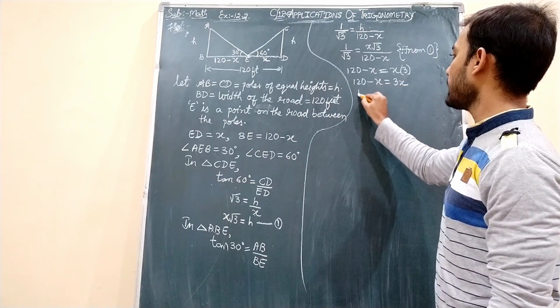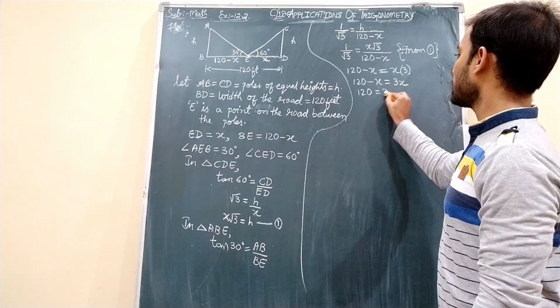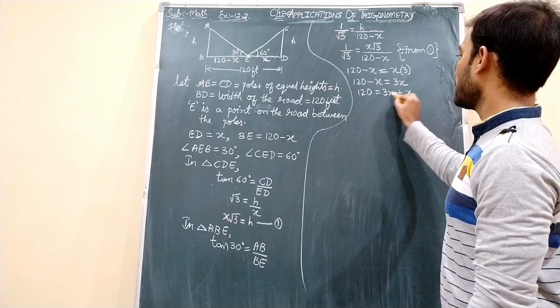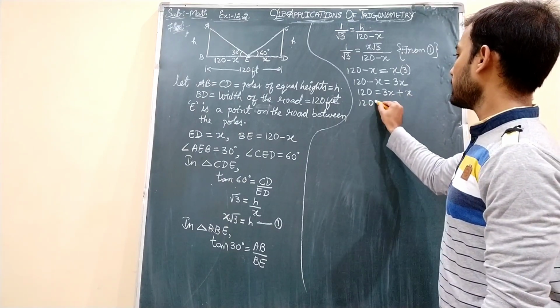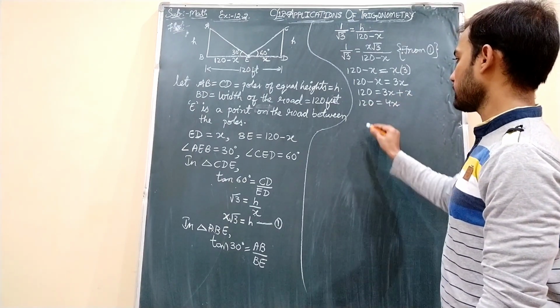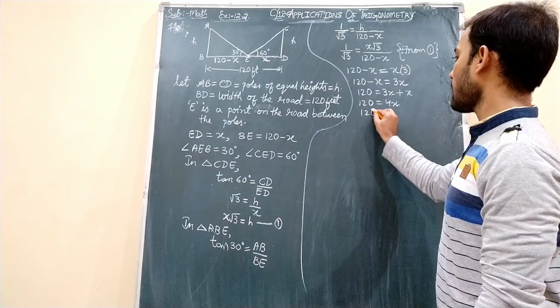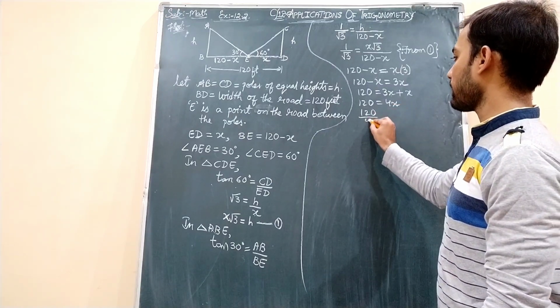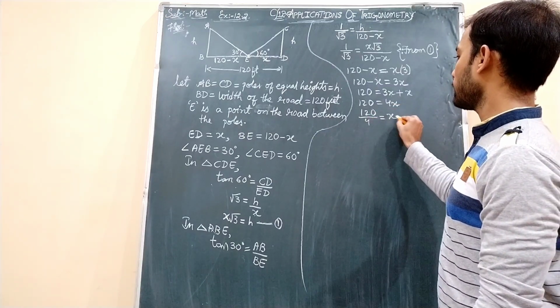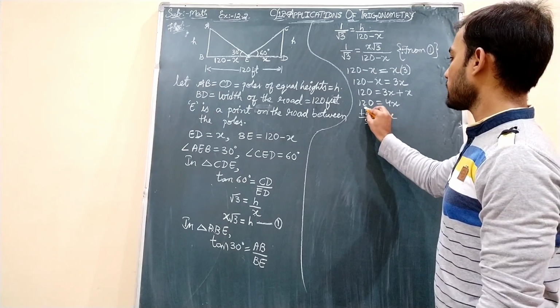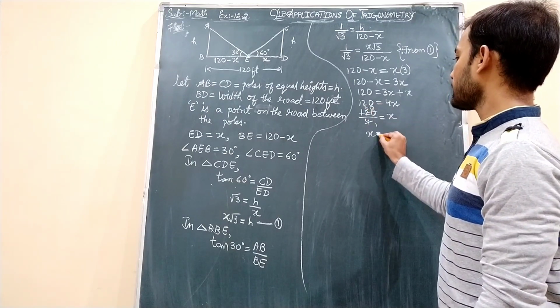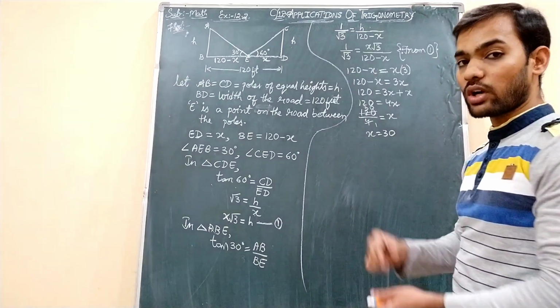Transposing this minus x to this side, 120 equals 3x plus x, and when you add 3x and x, you will get 4x students. Okay, so 120 upon 4, since this is in multiplication, if I transpose I will get division, equals x. 4 ones are 4, 4 threes are 12, zeros are 0, x equals 30 I got. What I got here?